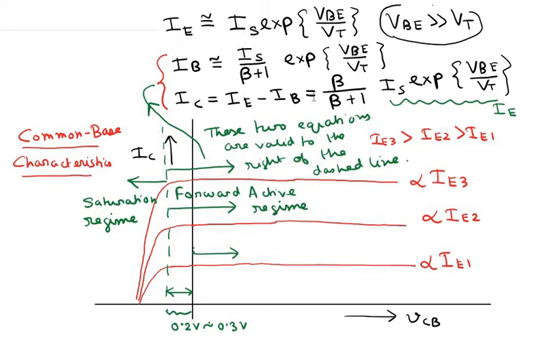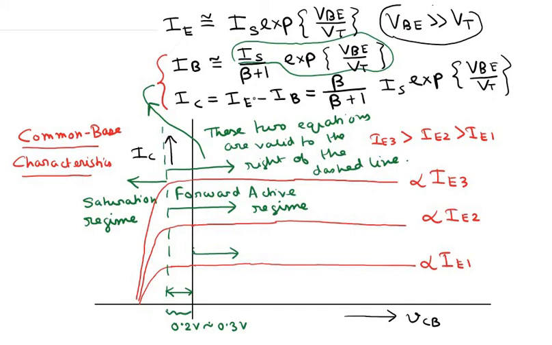And then we have also written this second equation, IB equals IS divided by beta plus 1, and then this exponential VBE by VT, and this quantity is actually IE. So IB is equal to IE divided by beta plus 1.